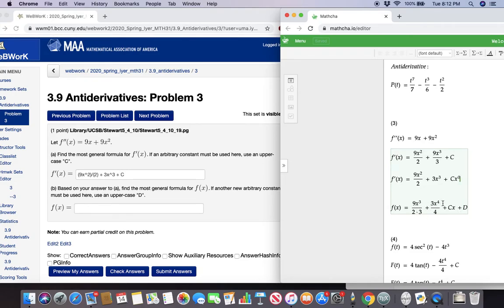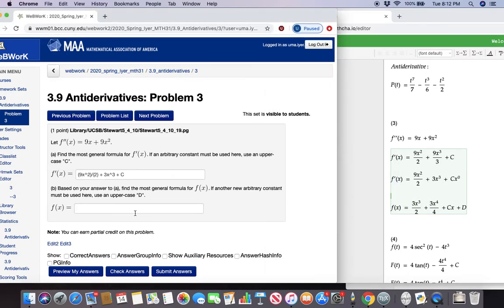The only thing I see here that can be improved is that this 3 divides that 9. So 3 cancels and reduces 9 into 3. So this is my final answer. Let me write that down.